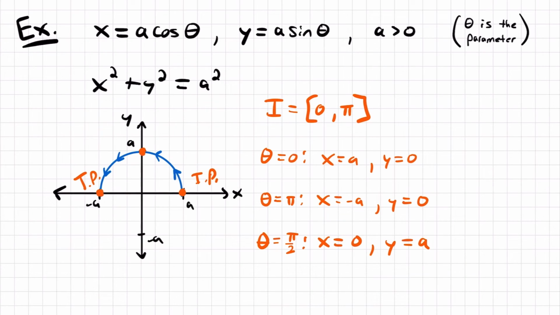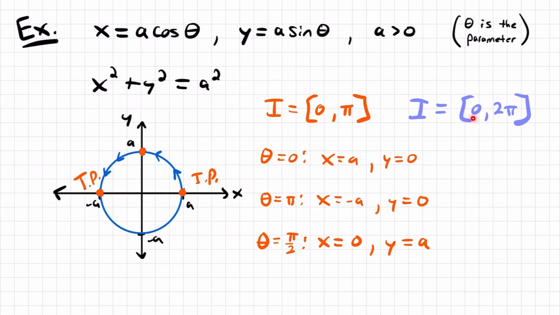However, if we change our interval from being from 0 to pi to 0 to 2 pi, our plane curve is going to look a little bit different. All right, and so I'm going to put the rest of that circle back because we're going to need it for this other interval. If we let our interval be equal to 0, 2 pi, it will look slightly different. Our initial point will remain the same, right?